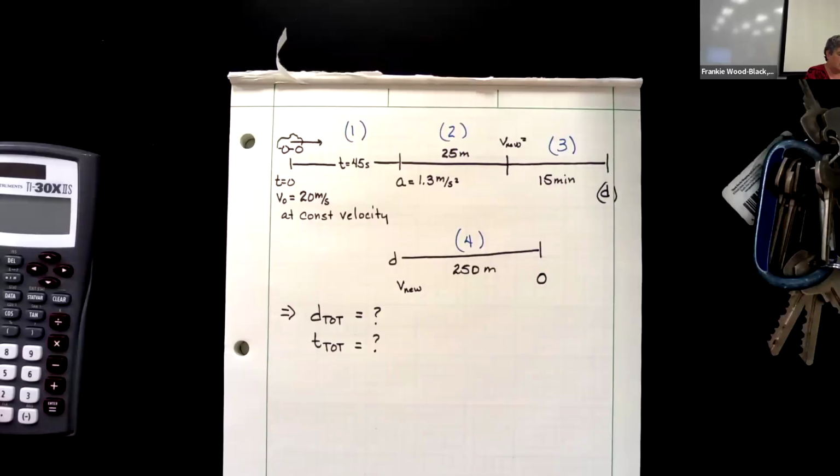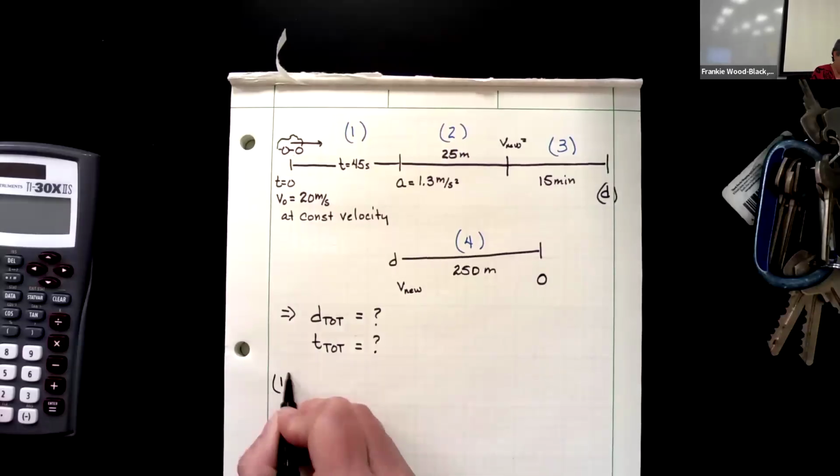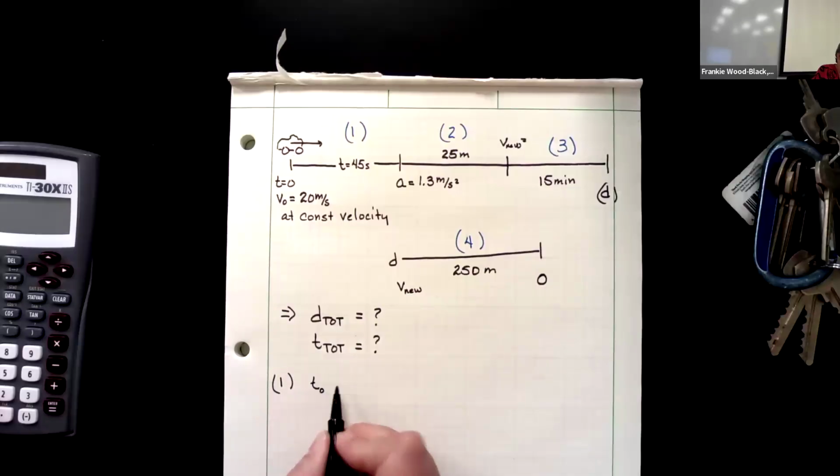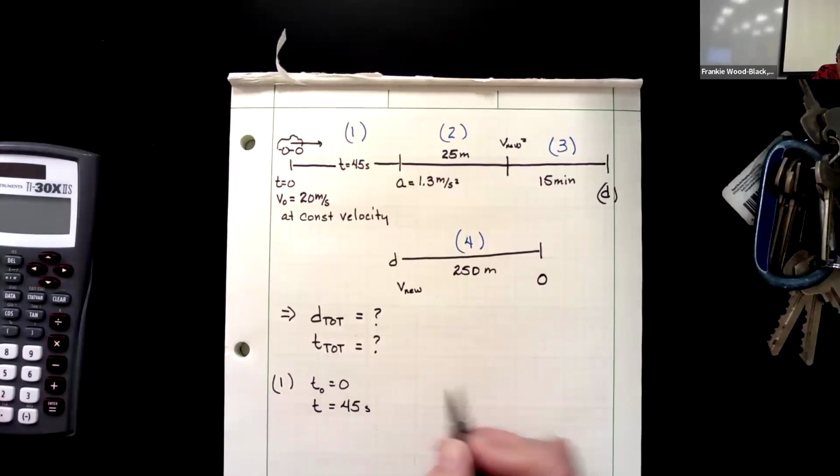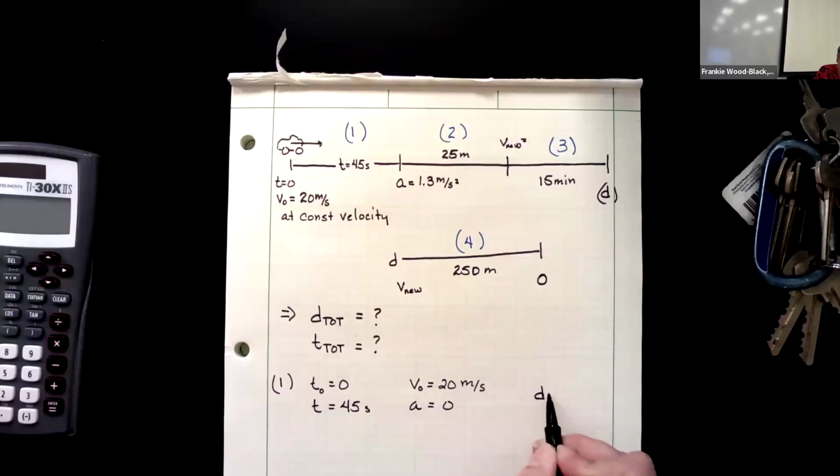total distance. So for part 1, we know that initial time is equal to 0. The time traveled is 45 seconds. We have an initial velocity of 20 meters per second, and we have an acceleration equal to 0. So I'm going to need the distance.